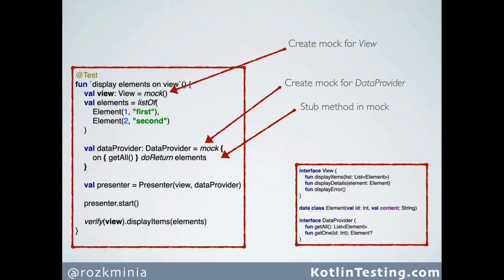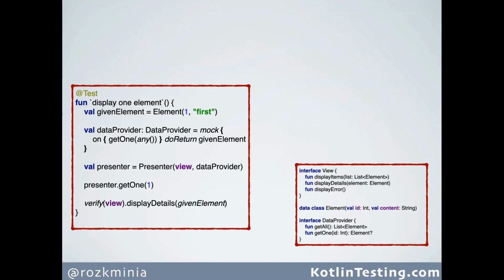On getAll method invocation, we will return given list of elements. And then we are starting presenter and using Mockito function verify, so we could check that display items was invoked with that given list of elements. That was a pretty straightforward example, so we could do something else.